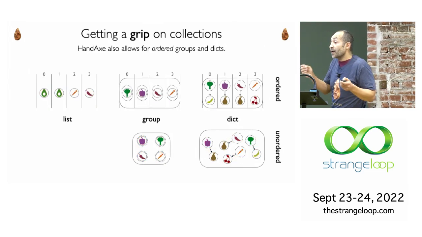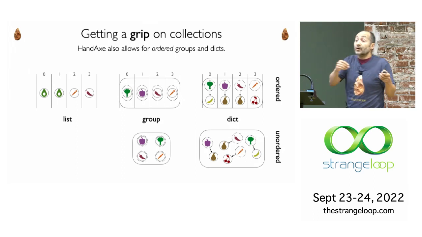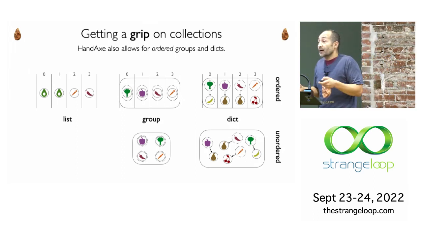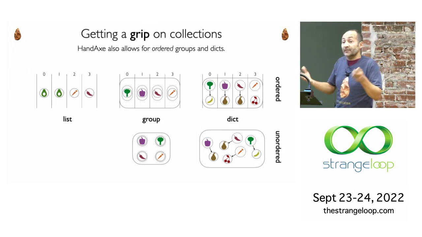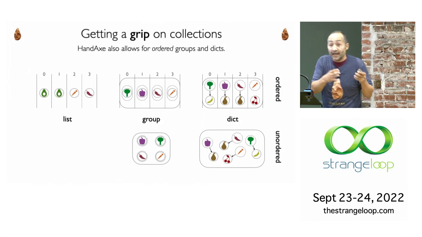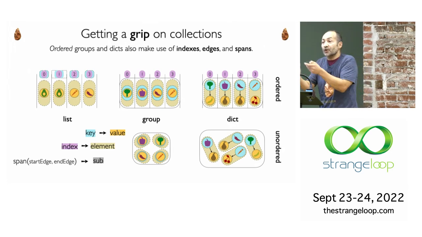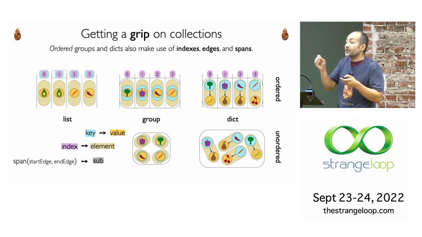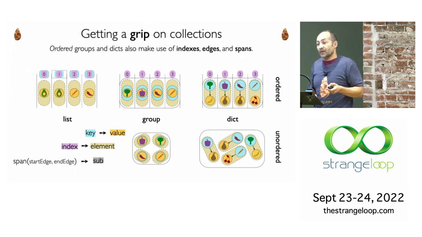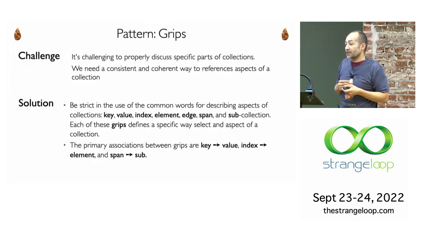All right, and now we also have the idea of ordered groups and dictionaries. We don't have them in JavaScript, but they're convenient to have from time to time: a keyed as well as ordered collection. The grips are shown here as well, so we can use indices to reference elements in them. So, challenges.